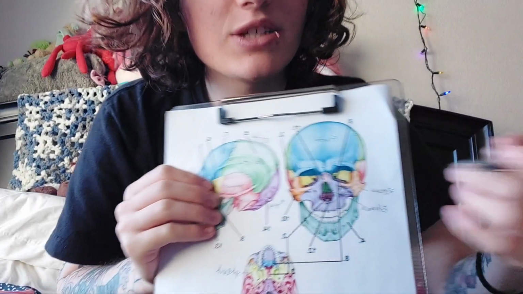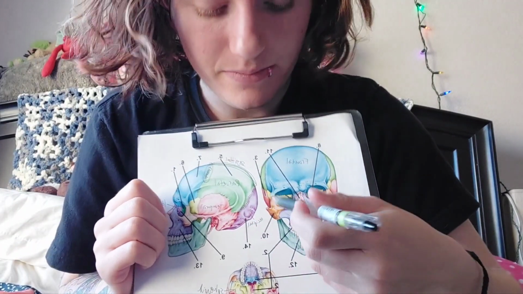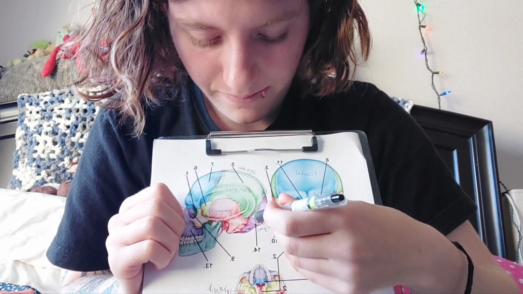Okay, so those are two of the sutures, and the third one that I want to tell you about today is the lambdoidal suture. We can see that right here. I'm going to reach behind you again.